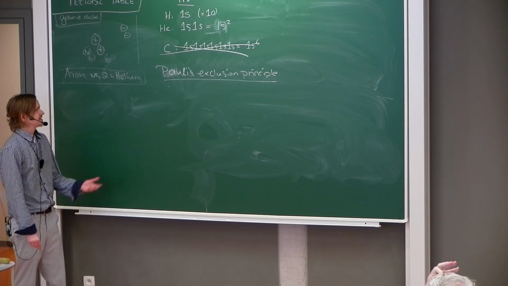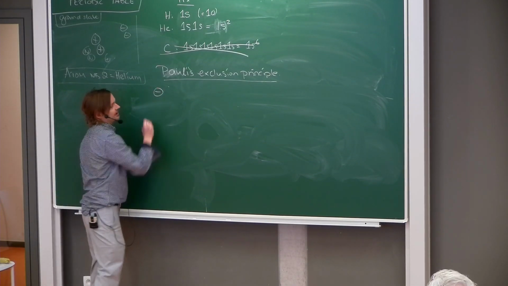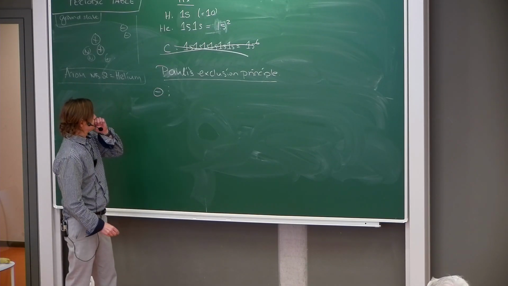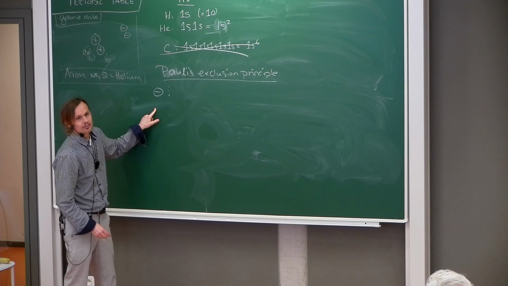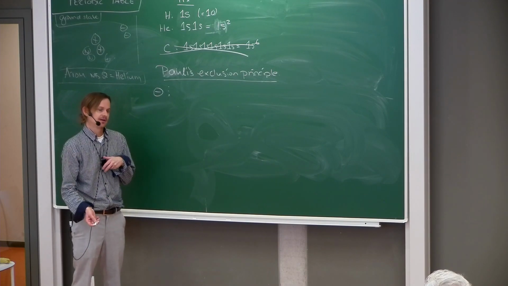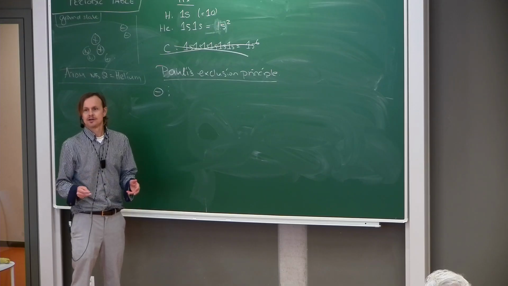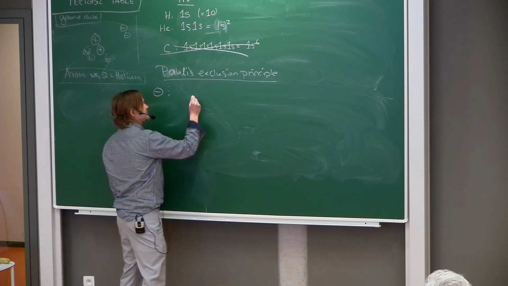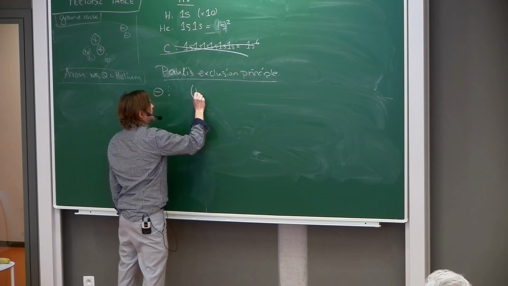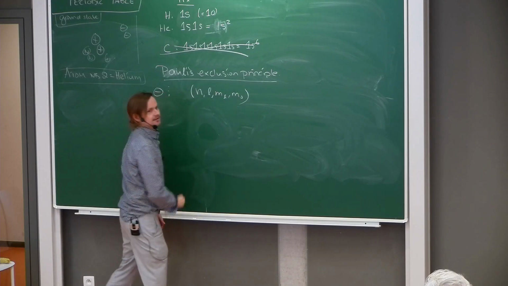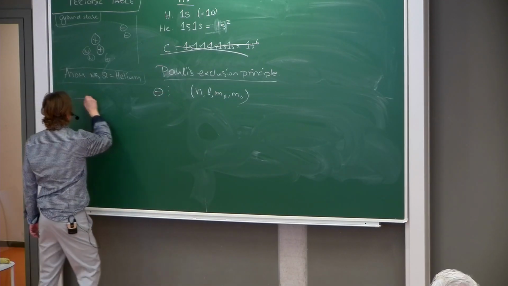And what it states is that for an electron, or more generally, for a fermion, 2 electrons cannot occupy the same spin orbital quantum state. Meaning in practice, they cannot have the same set of quantum numbers N, L, ML, MS. Okay. And that's what we need.